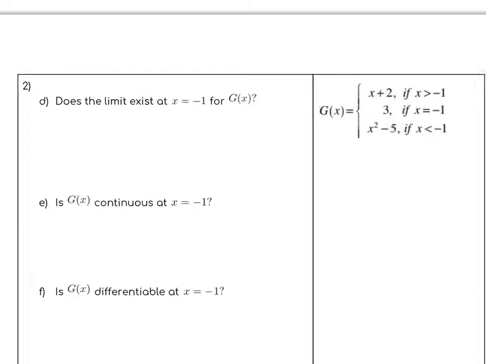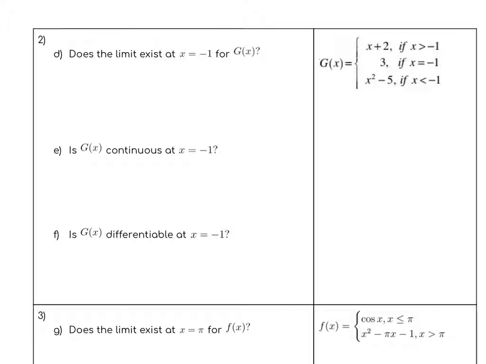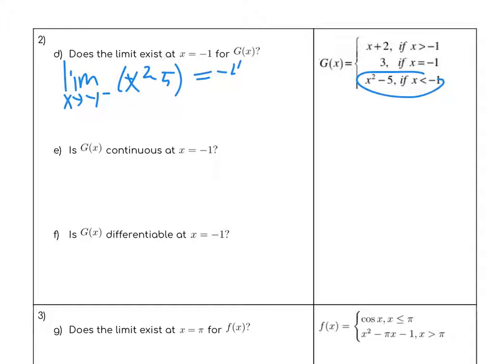Alright, same thing going on for number 2. Does the limit exist? We're going to check from the left and from the right. So the limit as x approaches negative 1 from the left. We're going to use that, and it's going to be x squared minus 5, which is 1 minus 5 is negative 4.